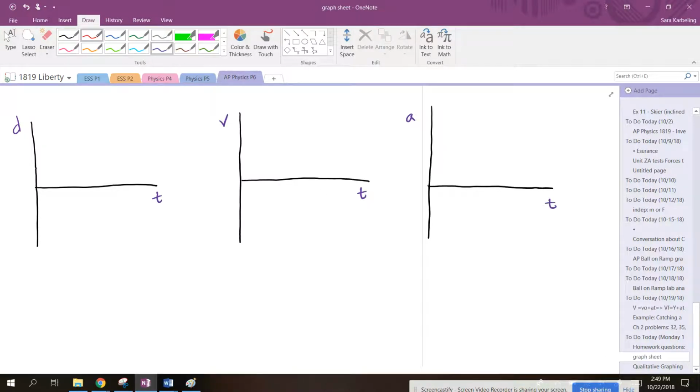Let's say that my velocity versus time graph looks like this. And just for kicks, let's say that the velocity is 3 meters per second, and this thing lasts for 2 seconds. Okay, just trying to give some context to this.